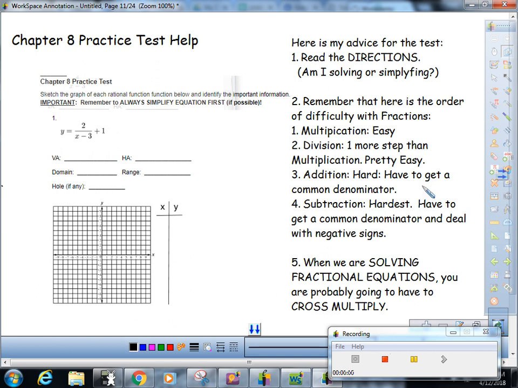The only thing you're allowed to do to get a common denominator is multiply by 1. Usually it's a fancy form of 1. And subtraction is the hardest because you've got to get a common denominator and you've got to keep your eye out for negatives. Finally, when you're solving an equation that involves fractions, you're most certainly going to have to cross-multiply. So then in this video, you're going to see all of this stuff in action.